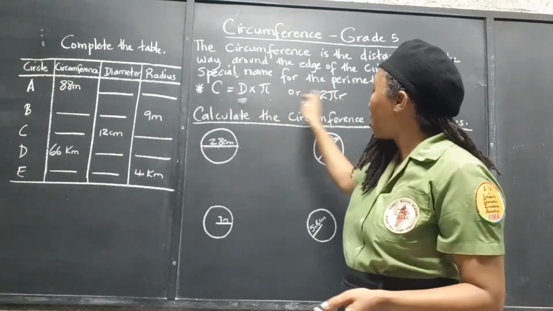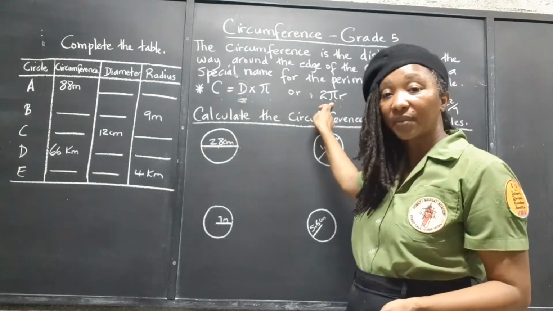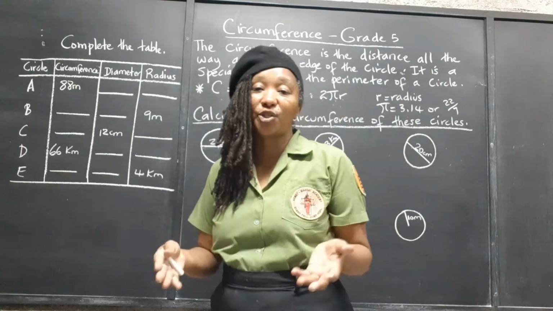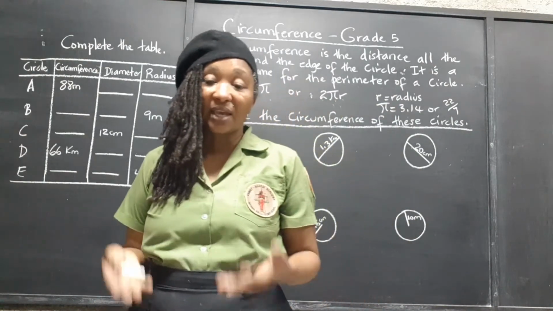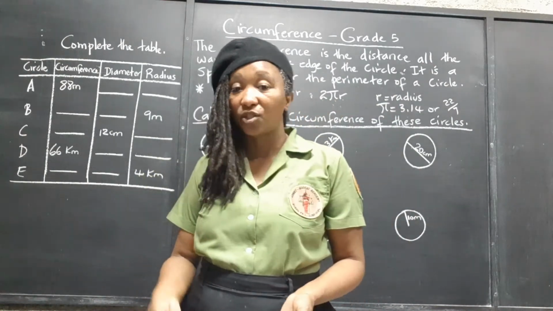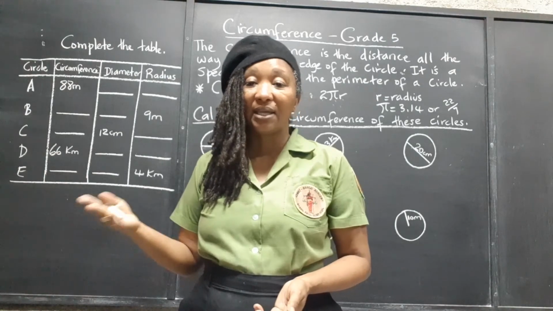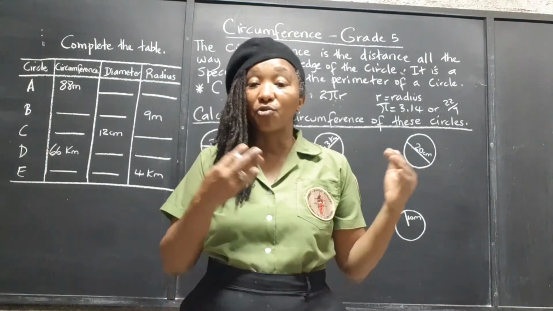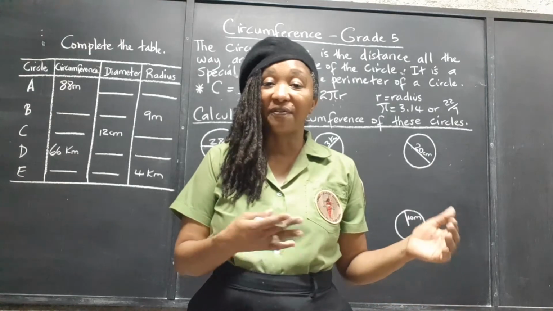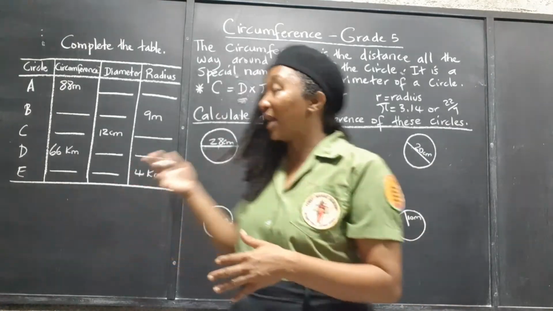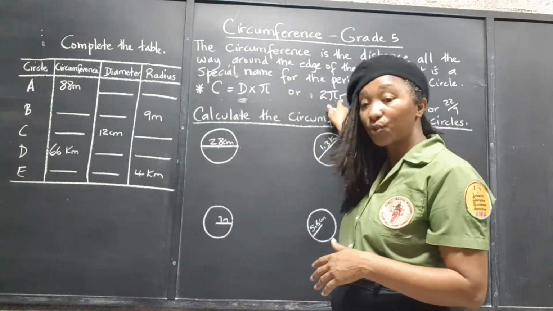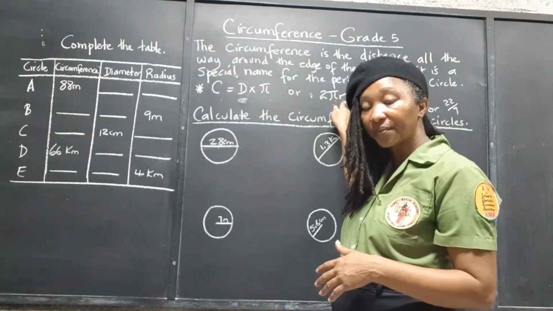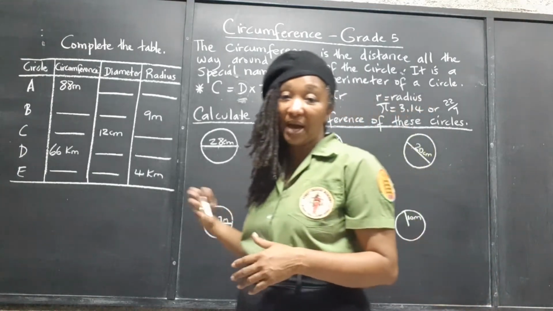So we're doing the same thing. It just depends on what you're given. If they give you the diameter already, just go ahead, multiply it by pi, you get the circumference. If they give you the radius, you have to find the diameter first. So that's why you're multiplying the radius by 2 first, and then multiplying it by pi.